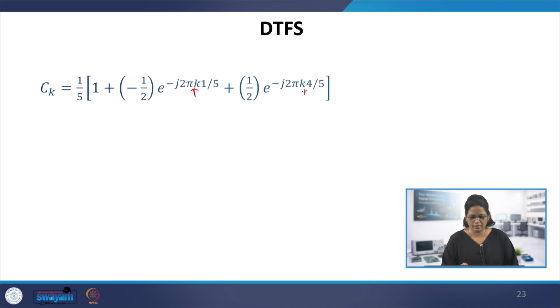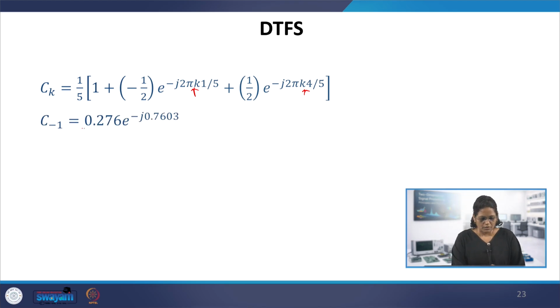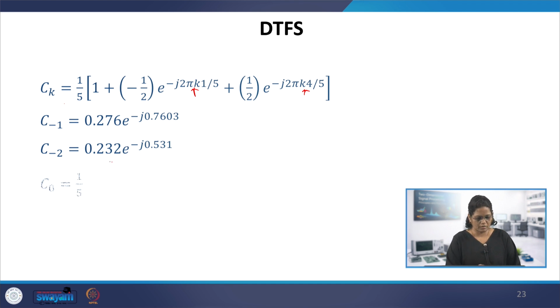So what is the ck? What coefficients exist in this? If we put k equal to minus 1, this would yield a complex value which is given here. Also minus 2, would give the value here. C of 0, k equal to 0, 1 by 5, because these terms would become 0. So you get only this DC component.